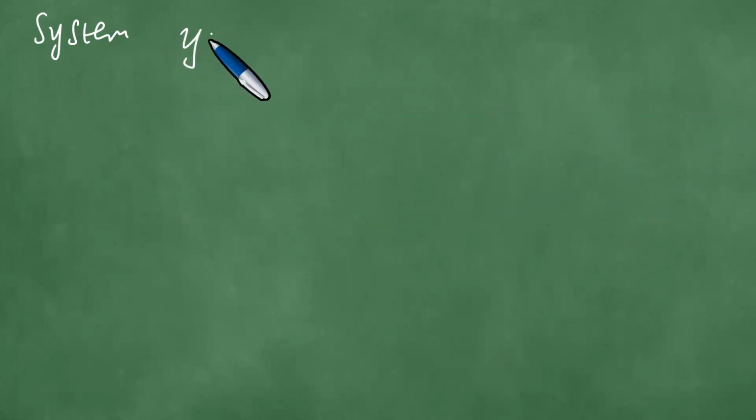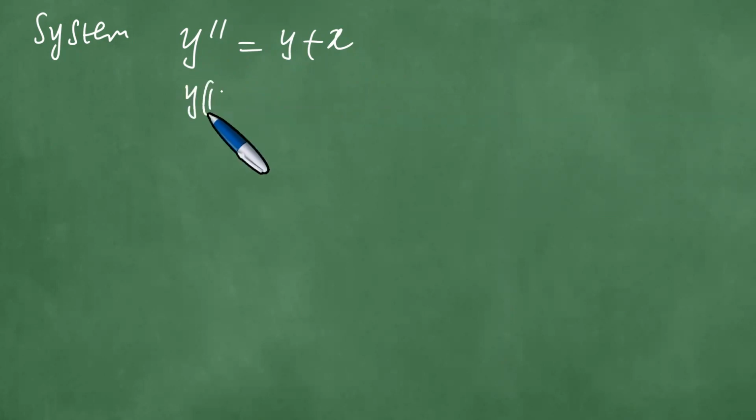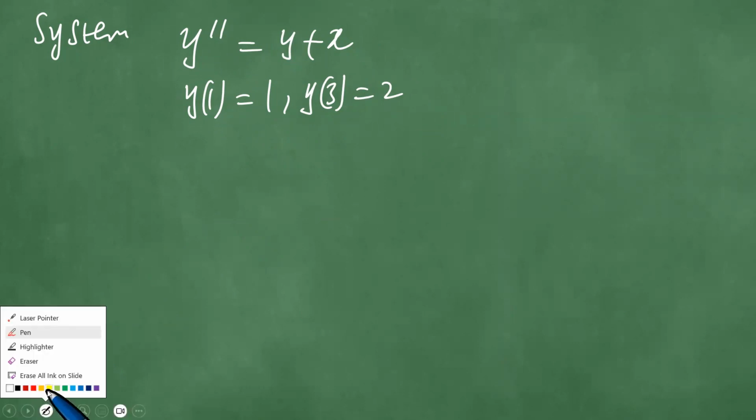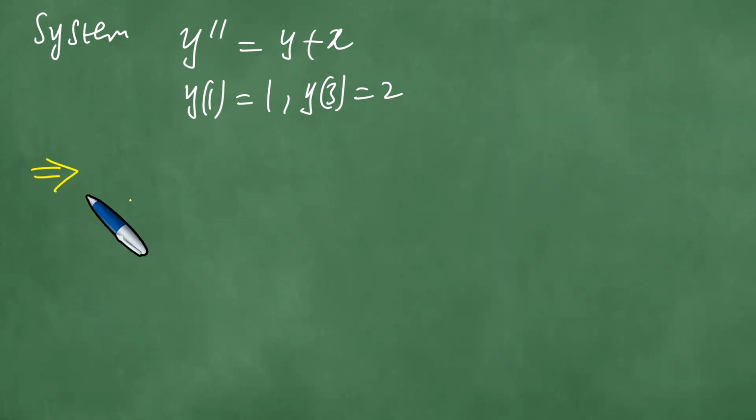All right, so if you have y double primed is y plus x, and then y at 1 is 1, and y at 3 equals 2, we want to remove this second order and make it first order.